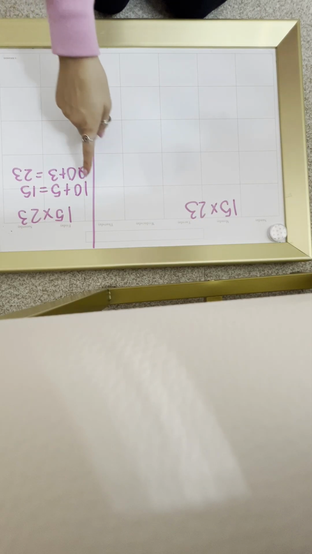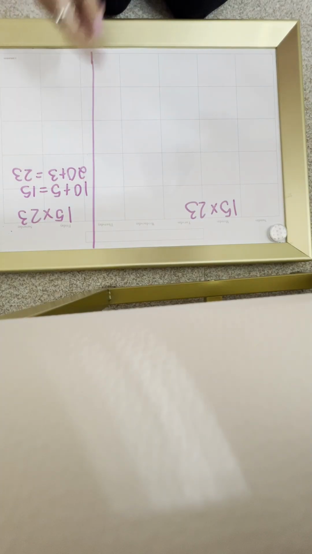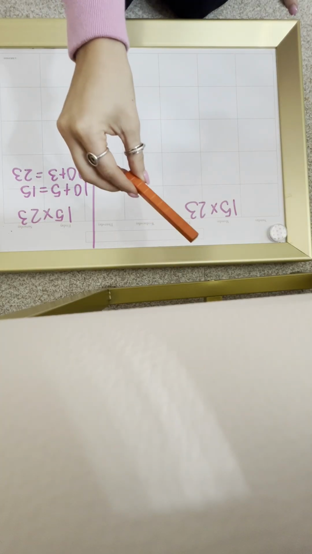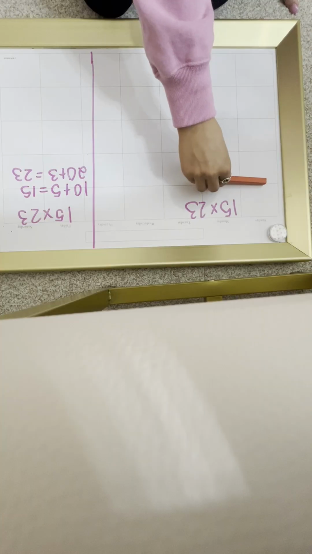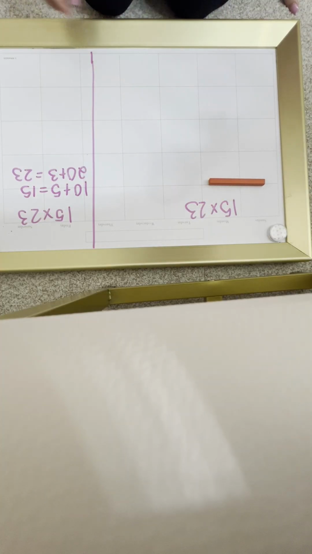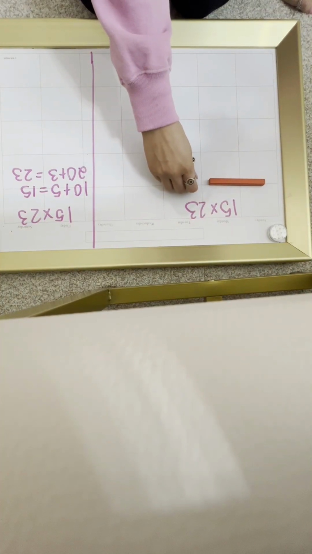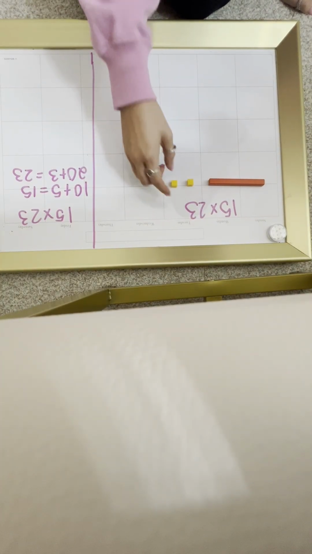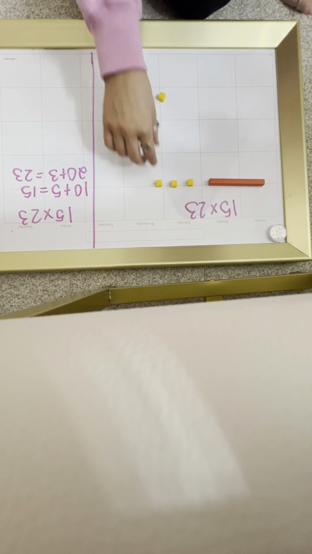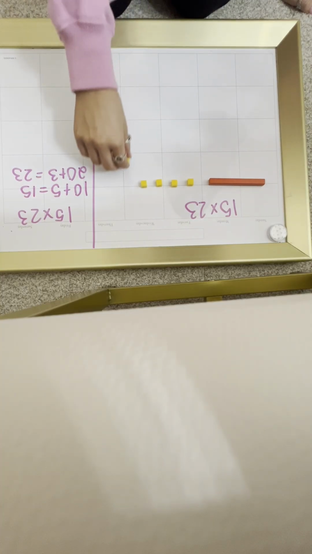As we said, 10 and 5 equals 15, so we're going to use one long, which would be 10, and put that first to represent our 10 and our 15, and then we're going to take 5 units to represent our other ones. So we're going to go 1, 2, 3, 4, and 5.